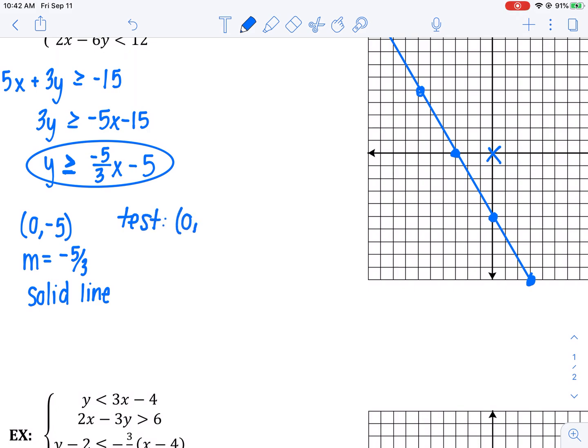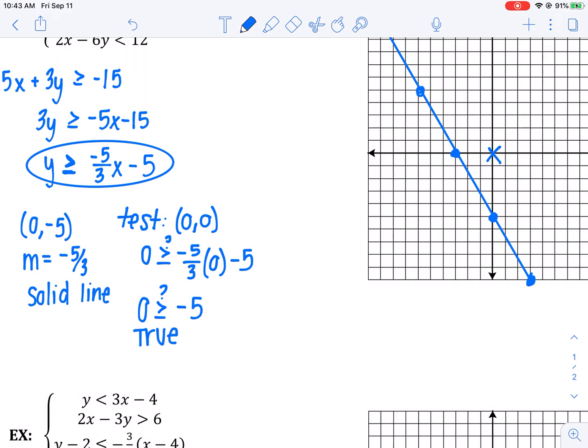the point 0, 0, which means plug into your equation 0, 0 for x and y, and I'm asking myself, is 0 greater than or equal to negative 5? Well, yes it is.